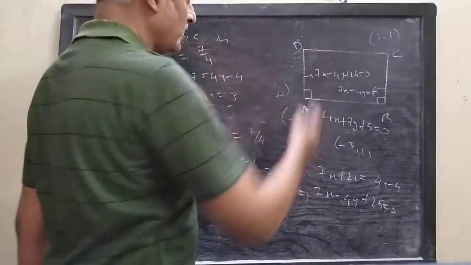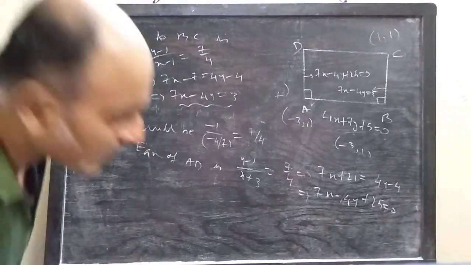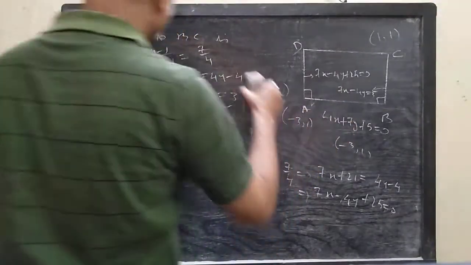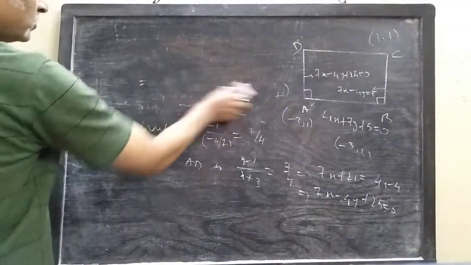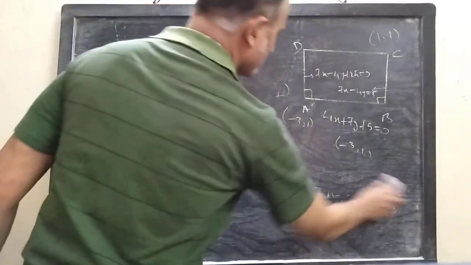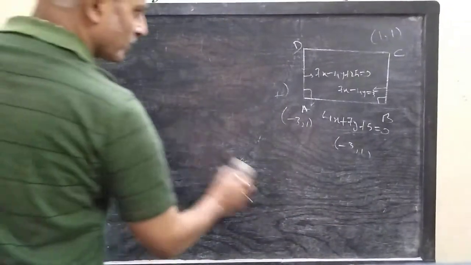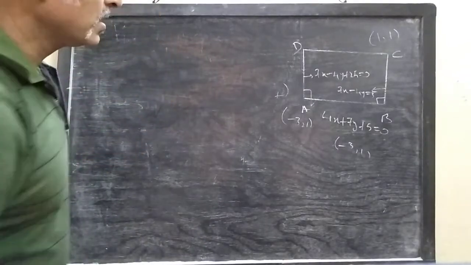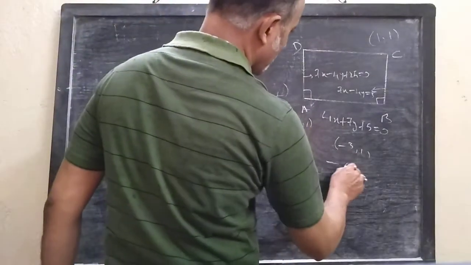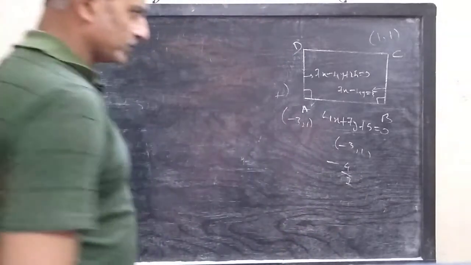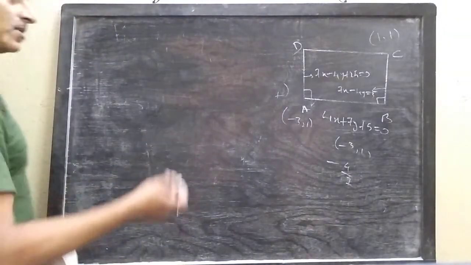Last, we have to find the equation of BC. Look, BC is parallel to AB, so the slope of BC is the same as the slope of AB. Now the slope of AB was minus 4/7, so the slope of BC will be the same.